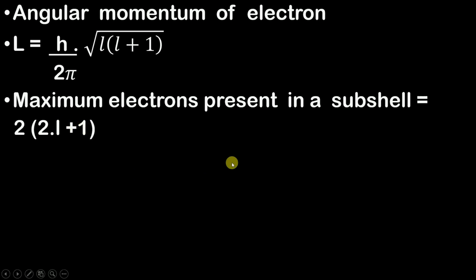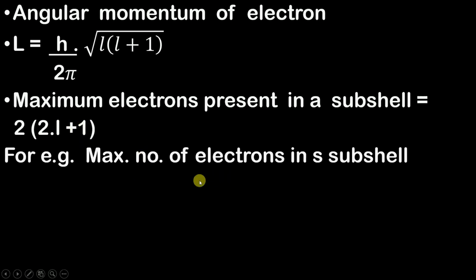Okay. Now moving ahead, how to use this formula. Let's understand that. For example, you want to find out the maximum number of electrons in S subshell. So, as we all know that the value of L equal to 0 corresponds to S subshell. So, simply you have to put here 0 and what you get is 2. So, there can be maximum 2 electrons in S subshell.